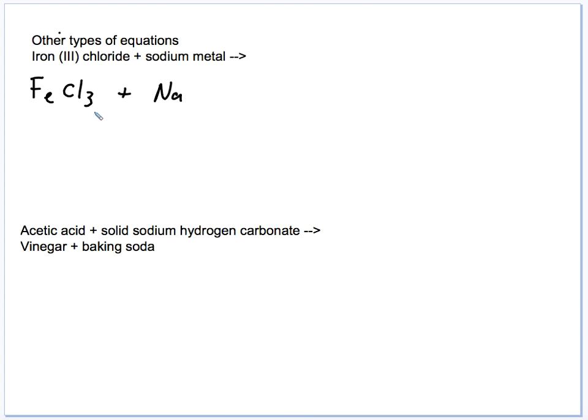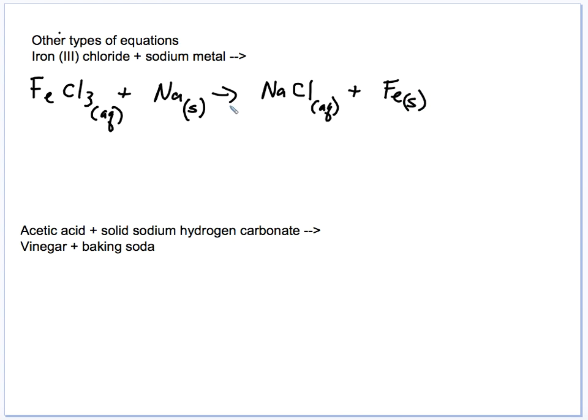The iron 3 chloride is aqueous. The sodium metal, of course, is a solid. Now, this is a single replacement, so the sodium is going to go with the chlorine and make sodium chloride, which is aqueous, salt water, you know, the ocean. And then what's left over is the iron, and the iron would become a solid.